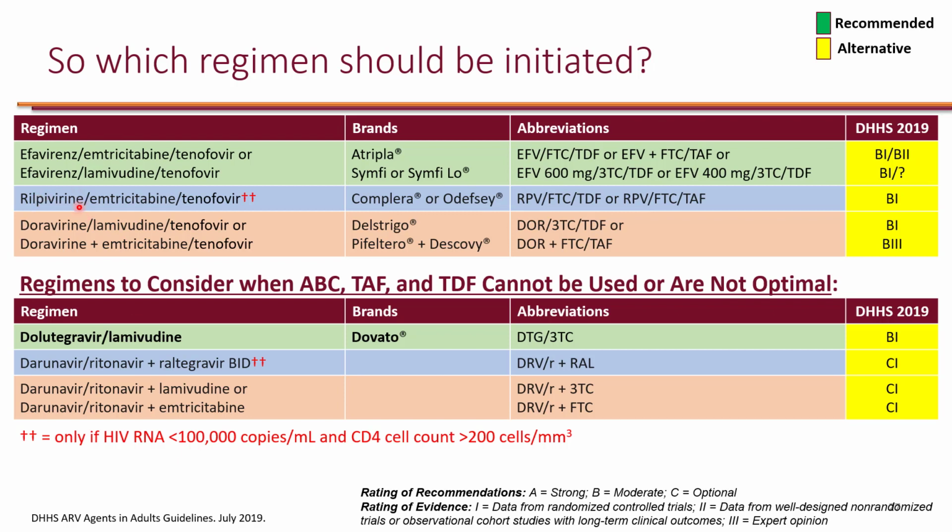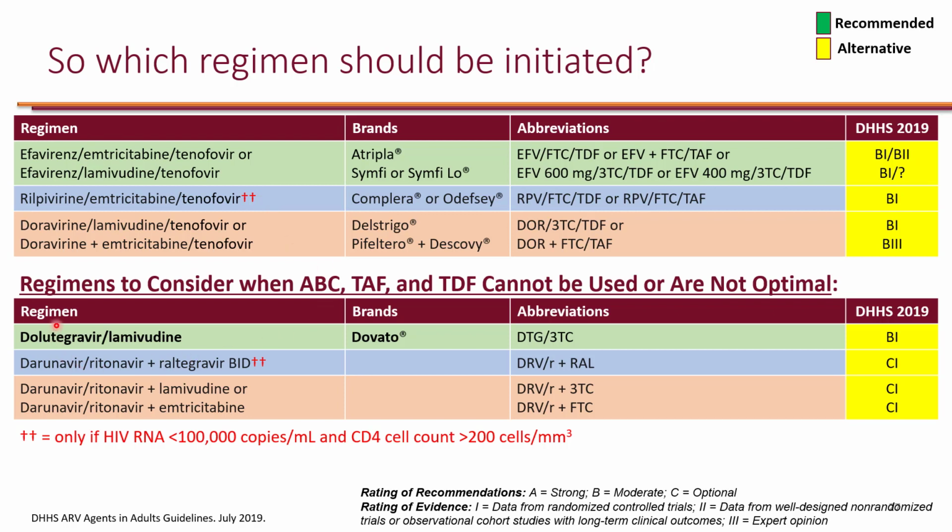So because we have so many other regimens that are very effective, the guideline says don't worry about it, just use something else. Now, if somebody couldn't tolerate those other regimens, it's absolutely okay to use this, as long as the patient meets these two criteria. So if the CD4 is less than 200, you cannot use this combination of rilpivirine, emtricitabine, tenofovir.